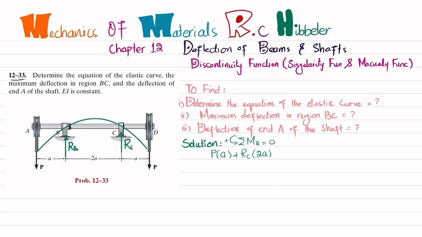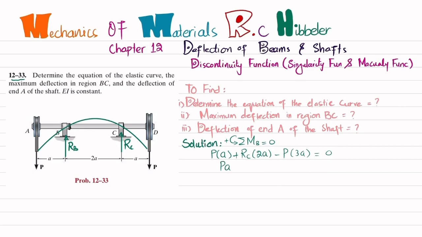The last moment is produced by P into perpendicular distance 3A, producing clockwise, so it is negative: minus P into 3A is equal to 0.